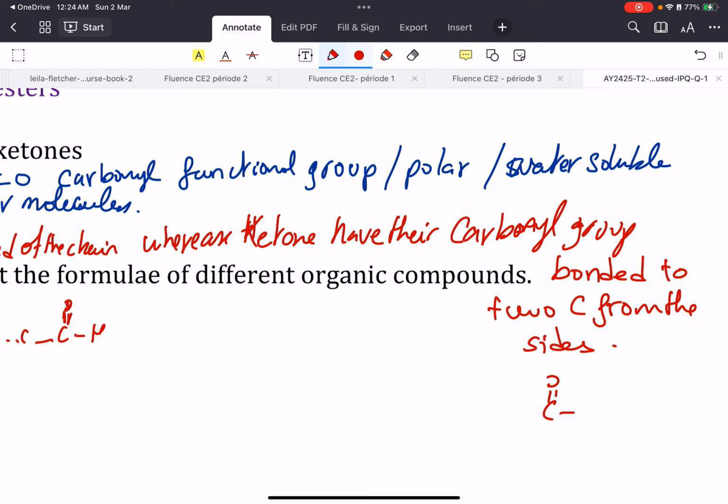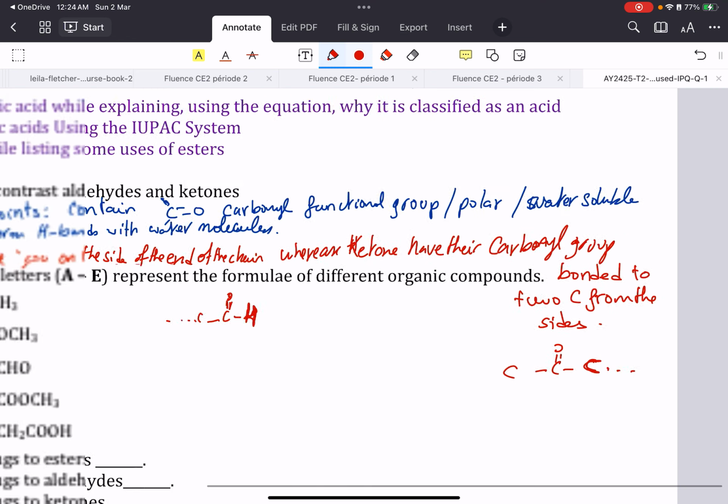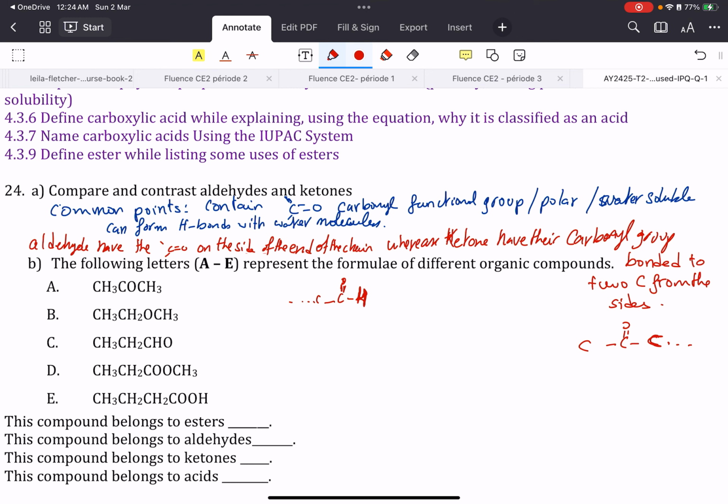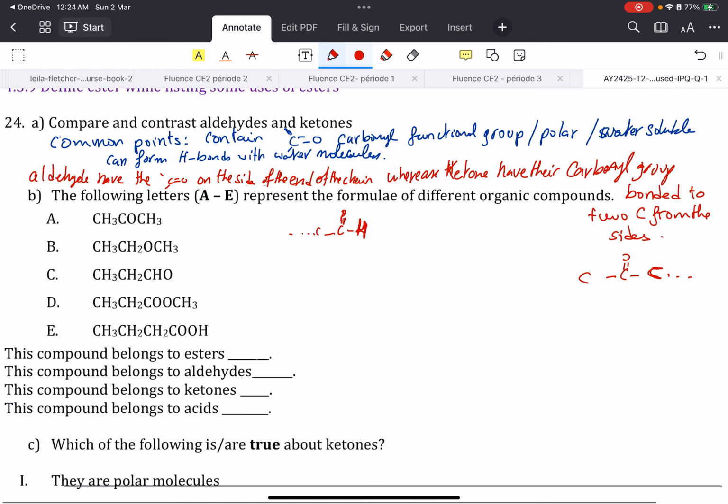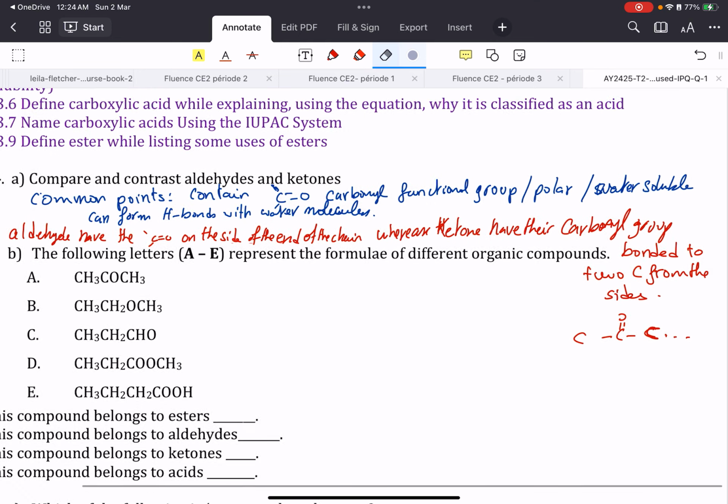So this is the C double bond O. There's a carbon from here and a carbon from here. Could be more than 1 carbon, but at least a carbon and not a hydrogen like the aldehyde. Now let me put this up in here.